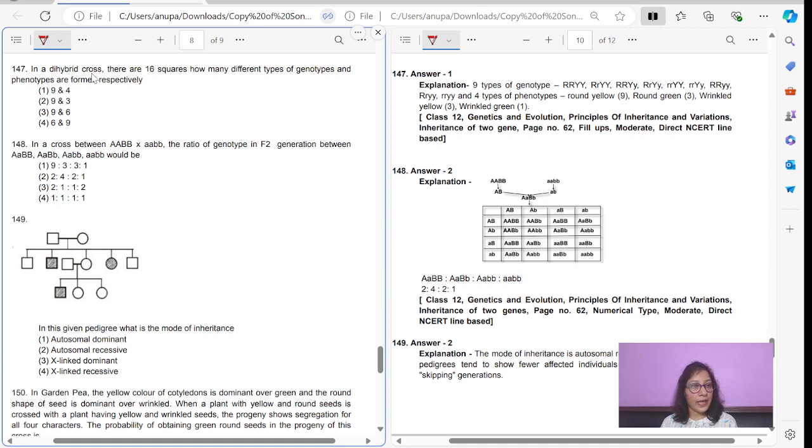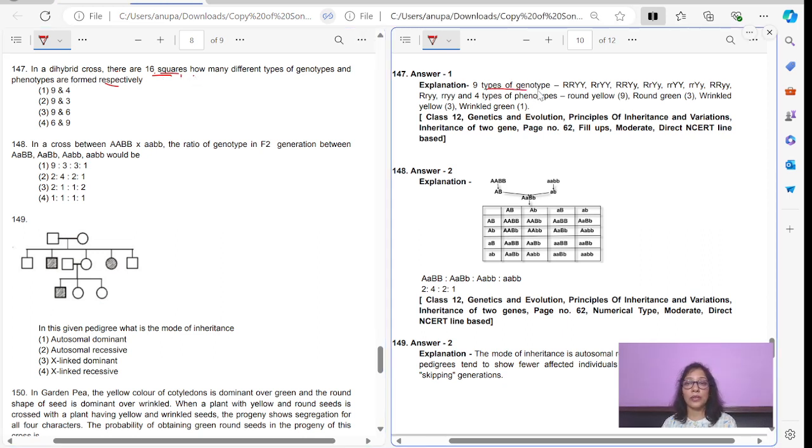It states that in a dihybrid cross there are 16 squares. How many different types of genotypes and phenotypes are formed respectively? So you have to memorize this, that in a dihybrid cross where there are 16 squares, there are 9 types of genotypes, RRYY, RRYy and so on, these are the 9 types of genotypes, and 4 types of phenotypes, that is round yellow, round green, wrinkled yellow and wrinkled green.